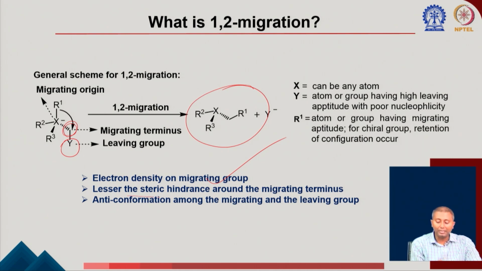Then, the lesser the steric hindrance around the migrating terminus, the better, since that can hinder some of these migrations. And most importantly, the anti-conformation of the migrating group: if you are not able to achieve that anti-conformation, it will be very difficult for the migration to happen, and the rate will be much slower.